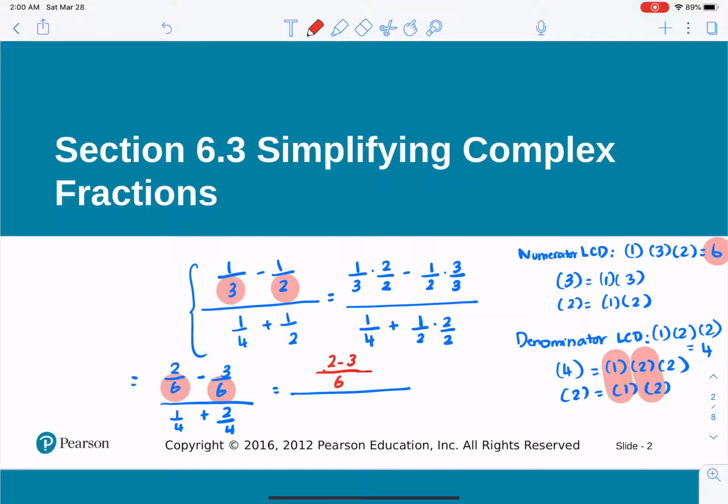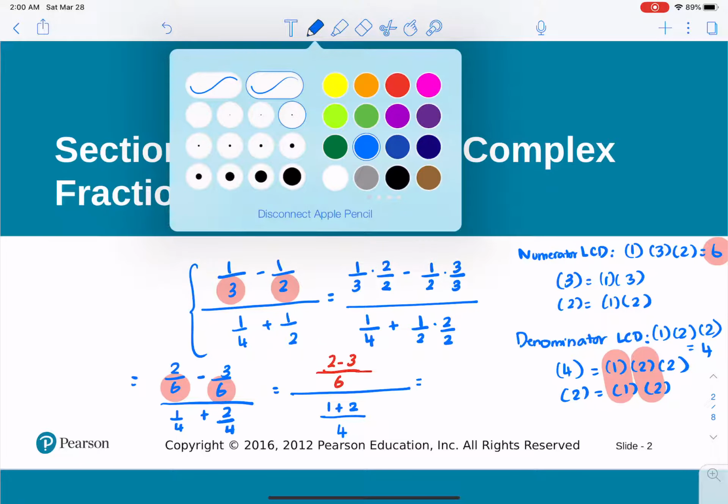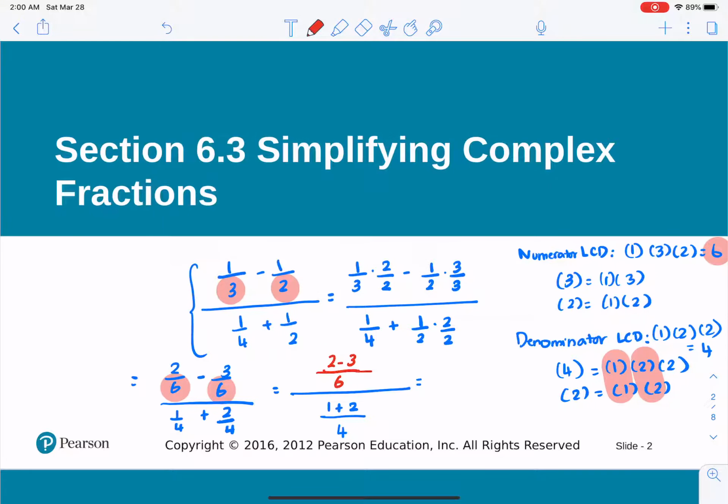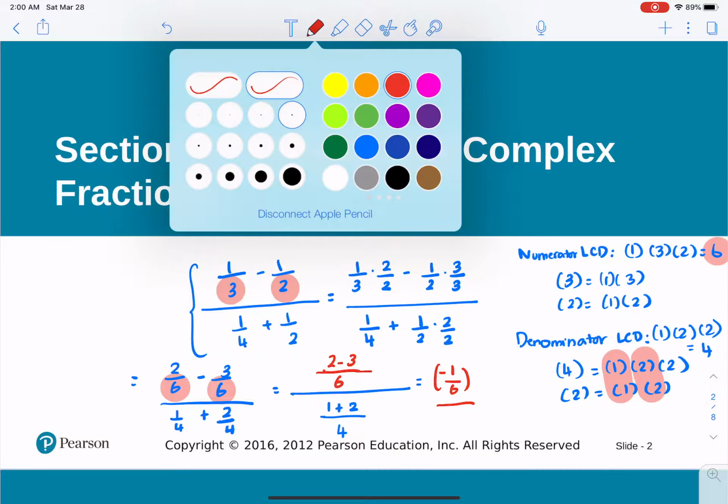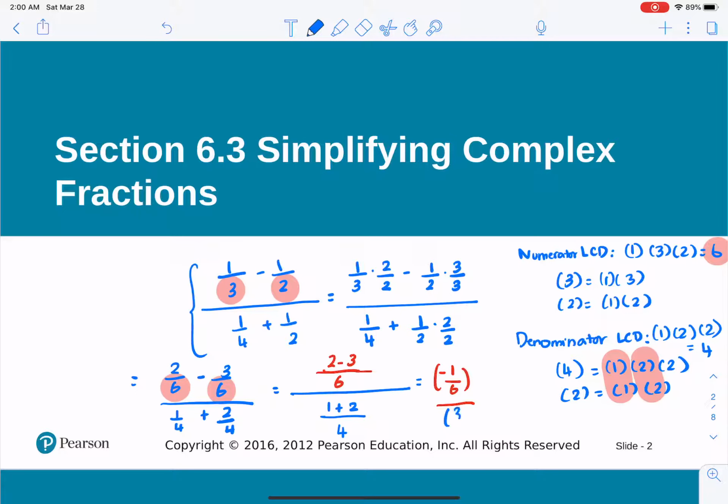For the denominator I have a common denominator of 4, so I combine the numerators, 1 plus 2, I get 3. So the numerator part, 2 minus 3, is negative 1 over 6, and the denominator is 3 over 4.